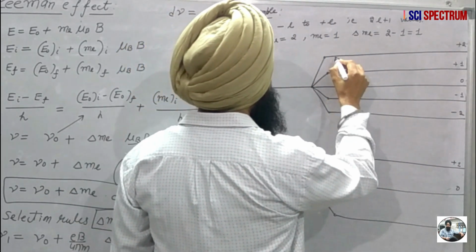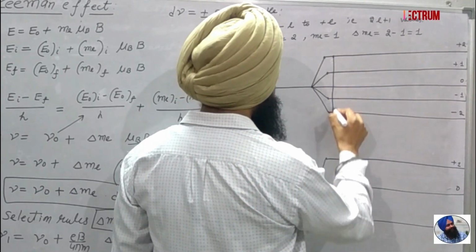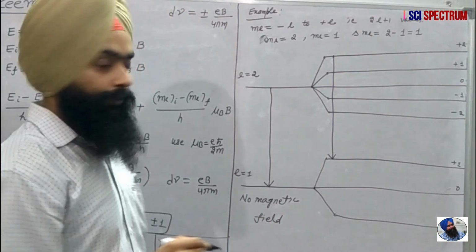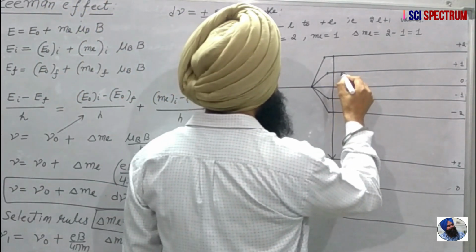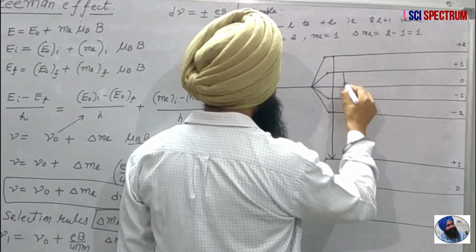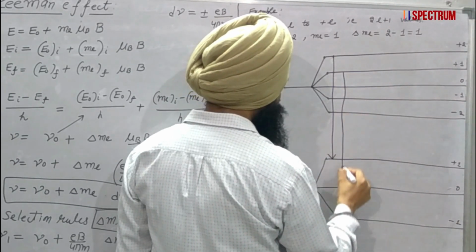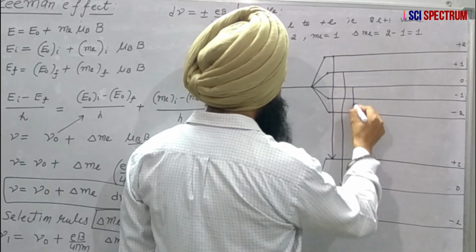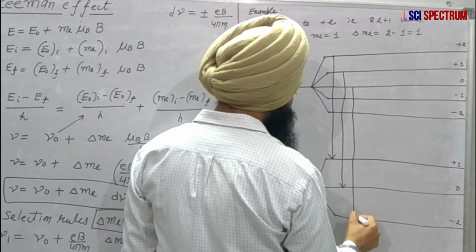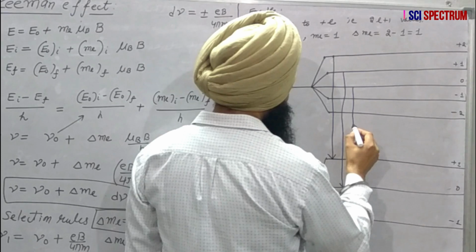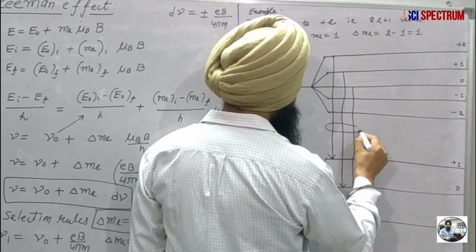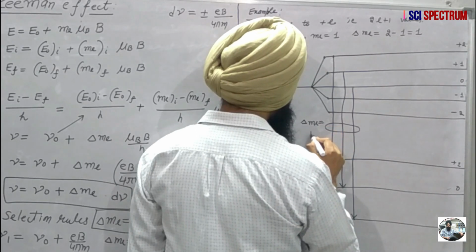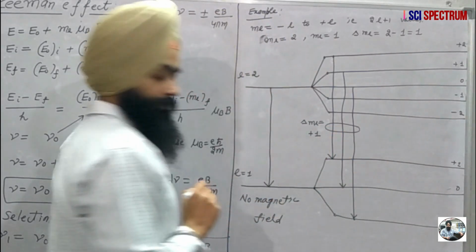For this, we have one spectral line like this. Similar lines occur for transitions from m_l equal to 1 to m_l equal to 0 and m_l equal to 0 to m_l equal to -1. For all these three lines we have Δm_l equal to +1.